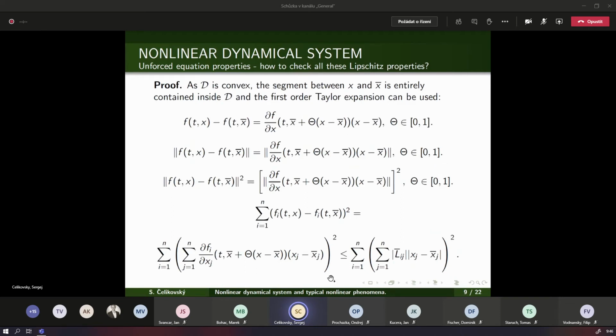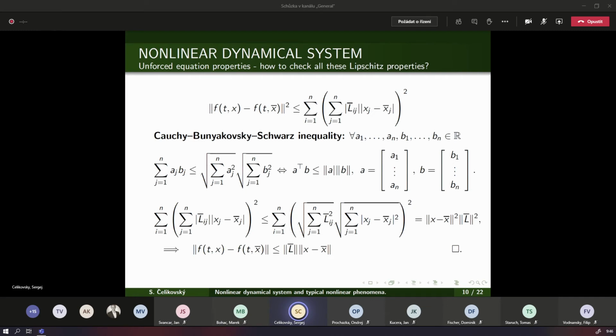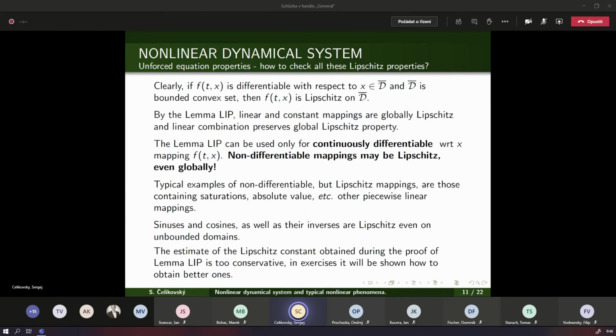But for our purpose, we would like to know that L is finite and the same for all x, so it's good enough.